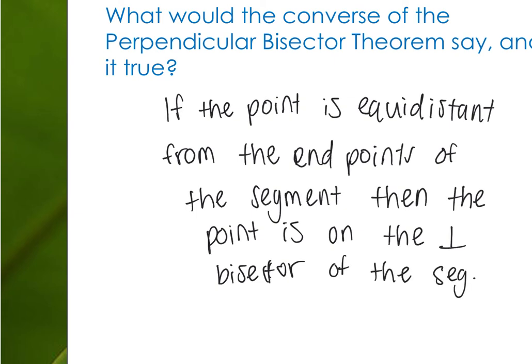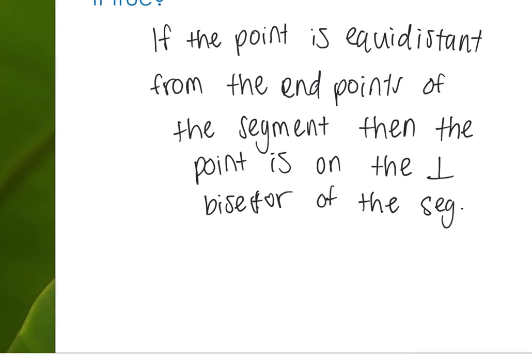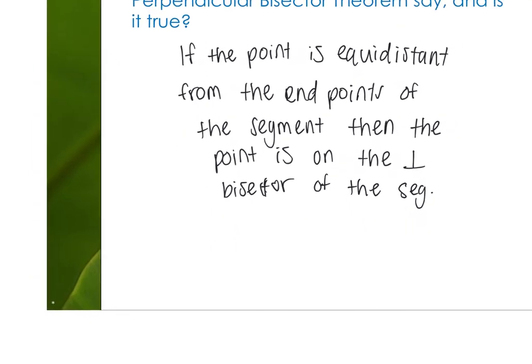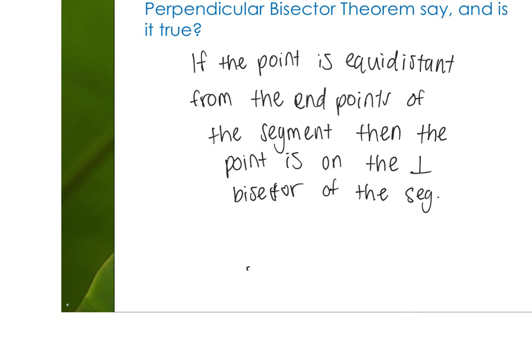Okay? Let's draw a little picture. We're going to draw a picture on this diagram, okay? So draw a little segment down here. Nice and pretty. A, B. And it says if the point is equidistant from the endpoints of the segment. So draw a point up here, label it C. If these two are the same, then the point is on the perpendicular bisector of the segment.